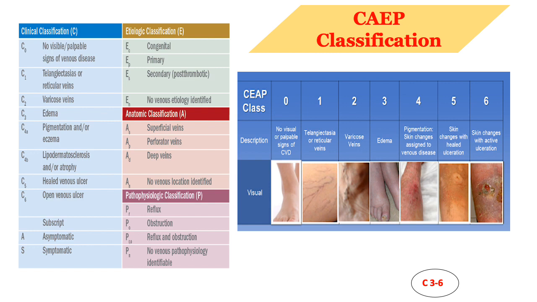So these are the skin changes in CVI, starting from grade 3 to grade 6, where increased pain, reduced quality of life will appear. Okay?